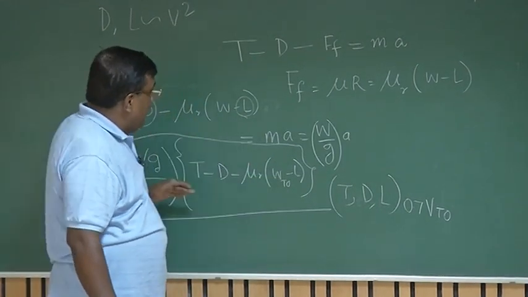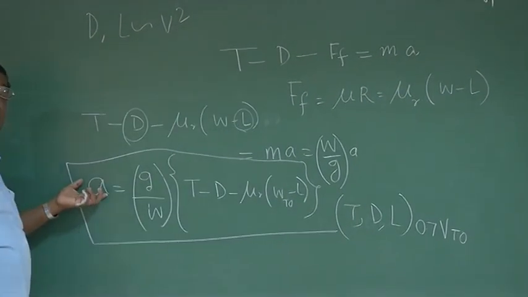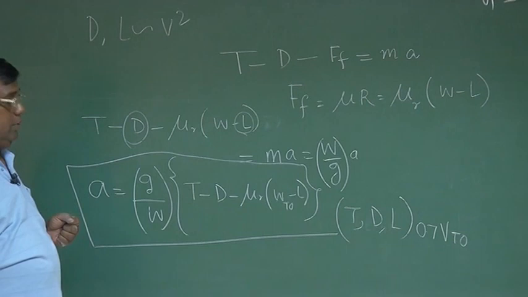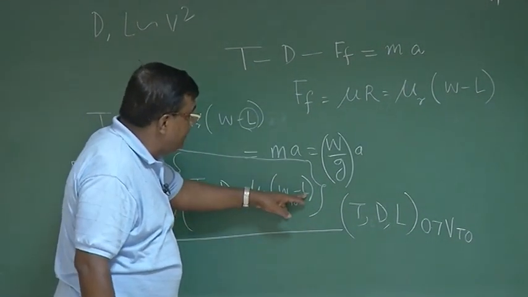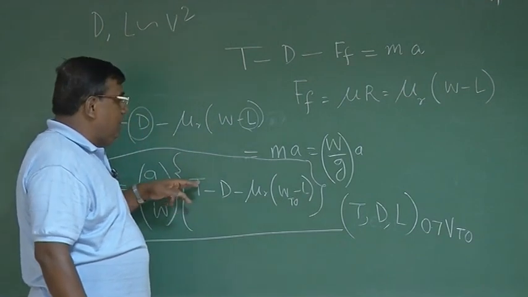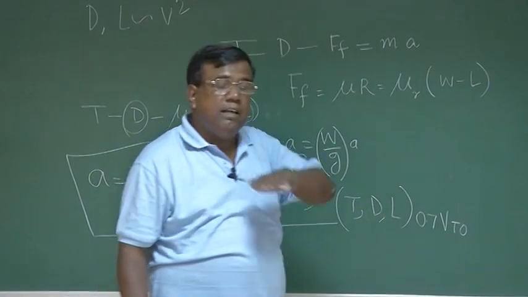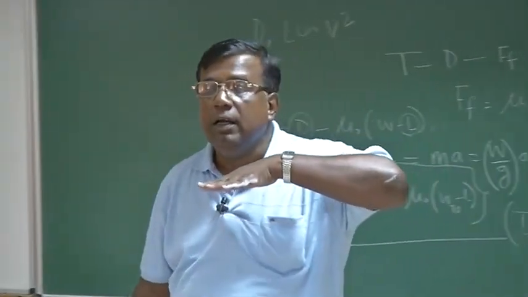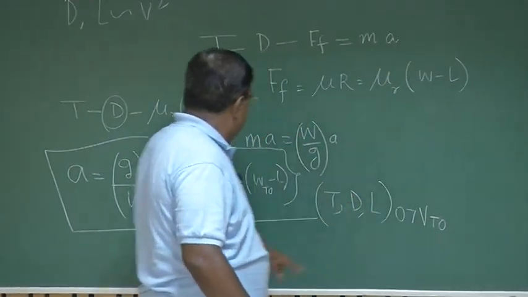So actually, as the speed increases, this term will go on changing, hence the acceleration will not remain constant. But what is found is, if I compute drag and lift and try to give a correction for thrust at 0.7 V takeoff, that is, as if it is moving with an average acceleration, which can be assumed to be constant, evaluated at 0.7 V takeoff.